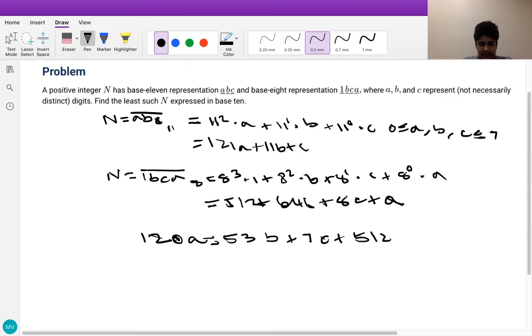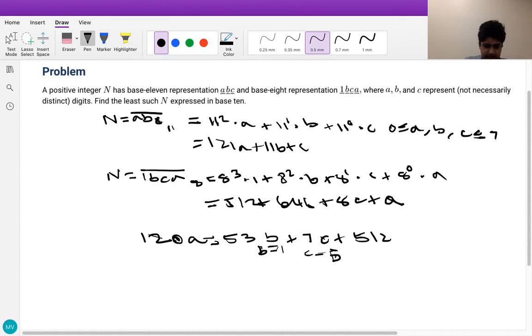For this, we first have that B equals 1 and C equals 5. If we do this, the entire sum has a units digit of 0 and is thus a multiple of 10.